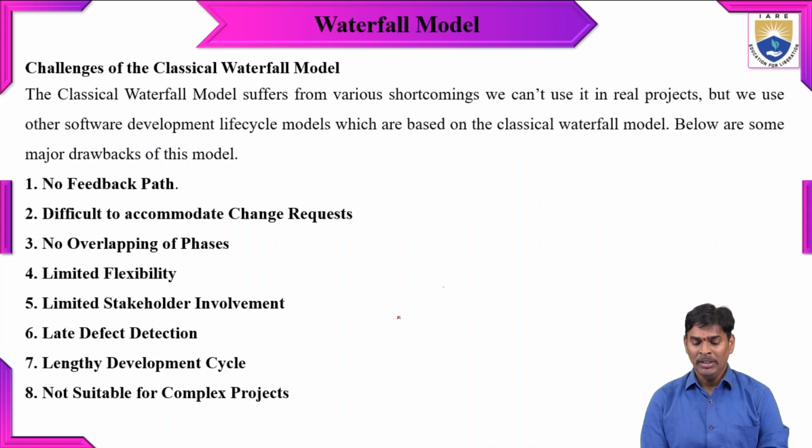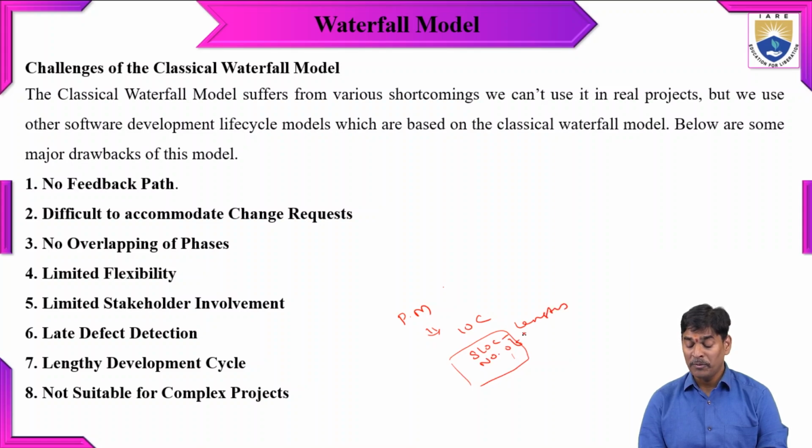For example, when the project manager initially assigns the cost of the project as 10 crores, but during these stages the code SLOC is very lengthy and there is more work during the phases of the life cycle, then the cost of the project will be doubled, and the maintenance cost will also be doubled.